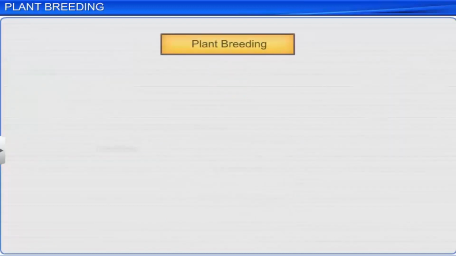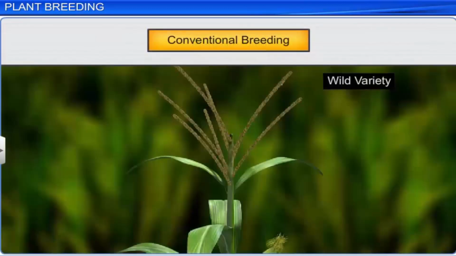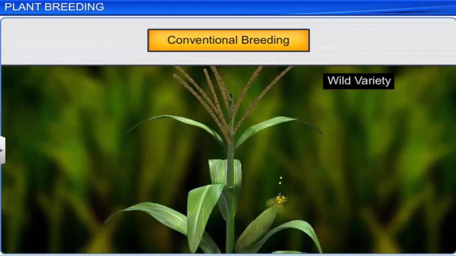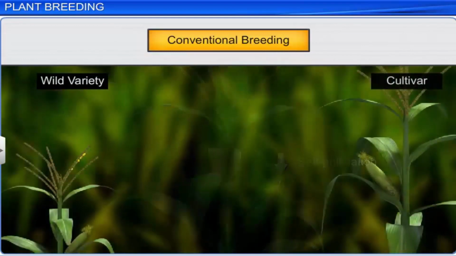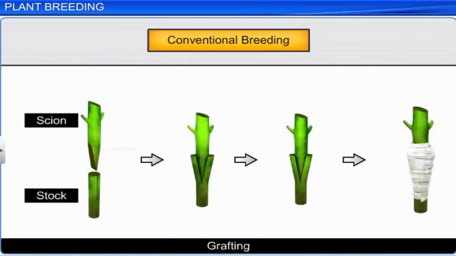It dates back 9,000 to 11,000 years ago, when conventional plant breeding was practiced. Conventional or traditional breeding is crossing plants for desirable characters sexually through self or cross-pollination, or asexually through grafting.